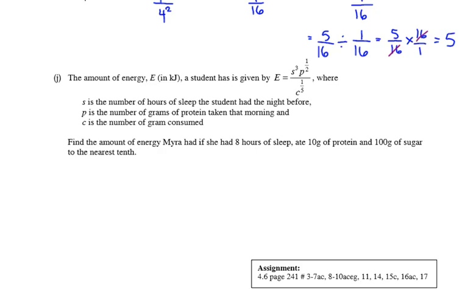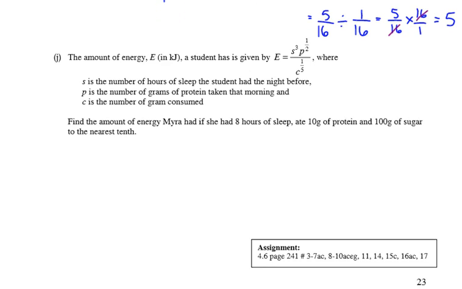So the amount of energy in kilojoules E of a student is given by that formula, where S is the number of hours of sleep, P is the number of grams of protein, and C is the grams consumed of sugar. Okay. So they tell us, find the amount of energy Mira had if she sleeps 8 hours.